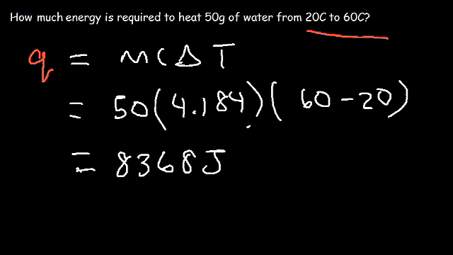So now, what about a phase change? How can we calculate the energy absorbed or released when, let's say, water turns into ice, or if it vaporizes into steam? So let's say we have 80 grams of ice, how much energy is required to melt 80 grams of ice into water?